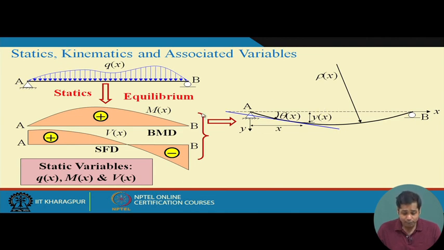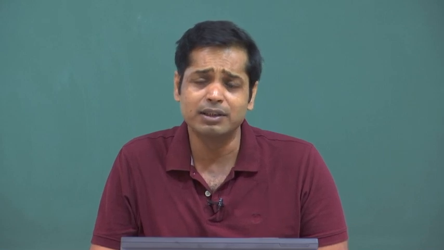Once we know the internal forces on a structure, and from those internal forces determine the deflection, this step is called kinematics. Kinematics essentially is the branch where we determine the motion of an object in relation to the forces that cause the motion.